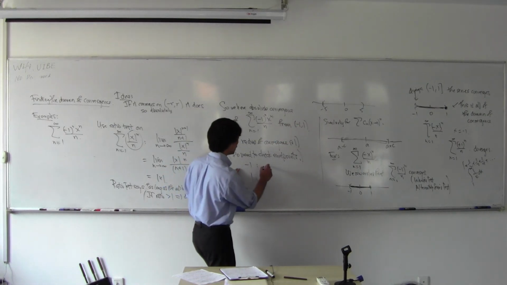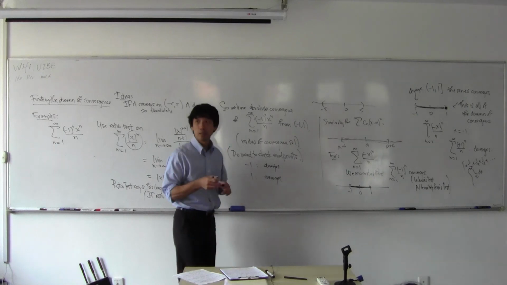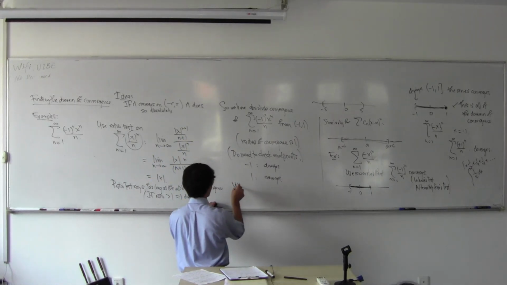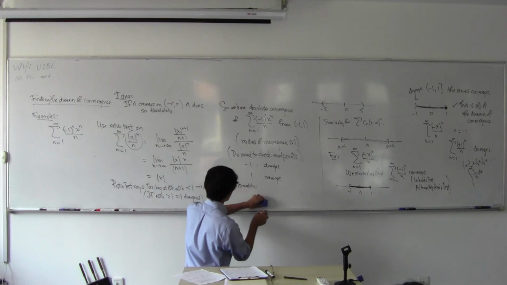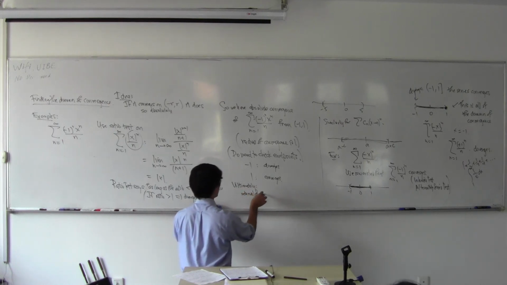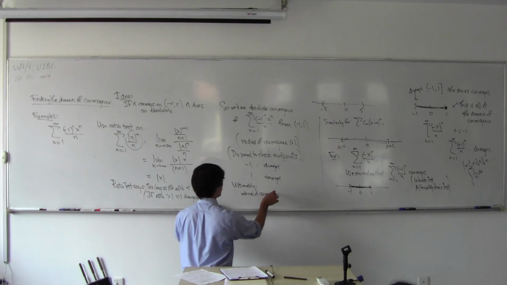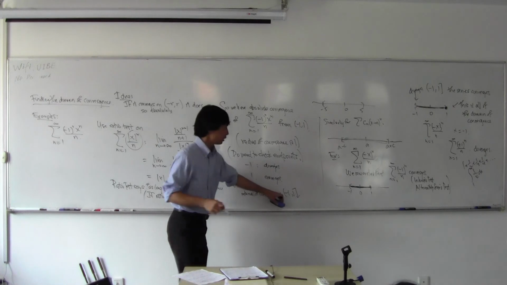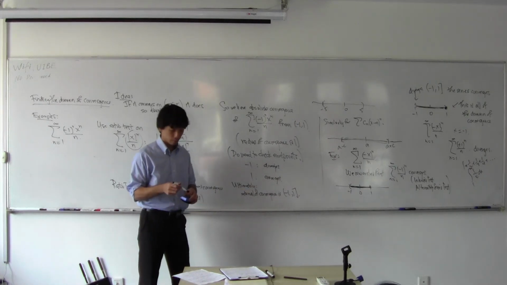You see that at -1 it diverges, at +1 it converges. Okay, so ultimately, the interval of convergence is -1, 1, with the left side open and the right side closed.